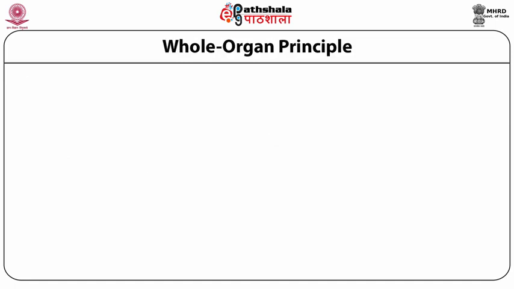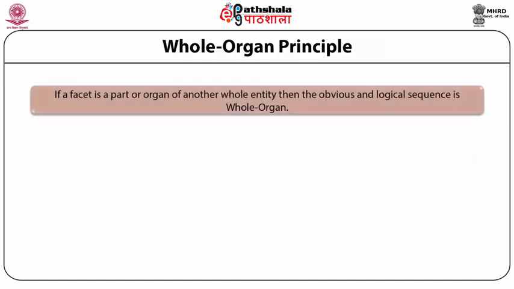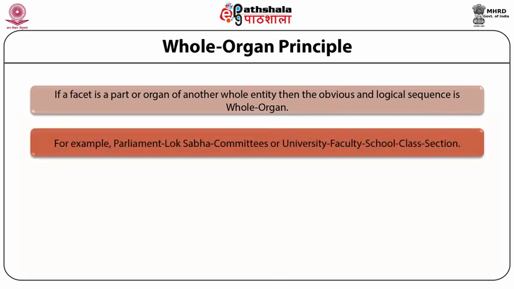Whole organ principle. If a facet is a part or organ of another whole entity, then the obvious and logical sequence is whole, organ. For example, Parliament, Lok Sabha, committees are in the order of whole to part.